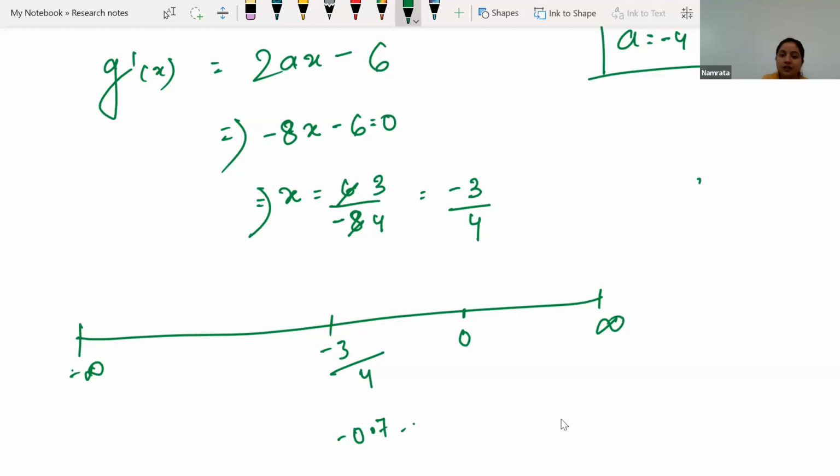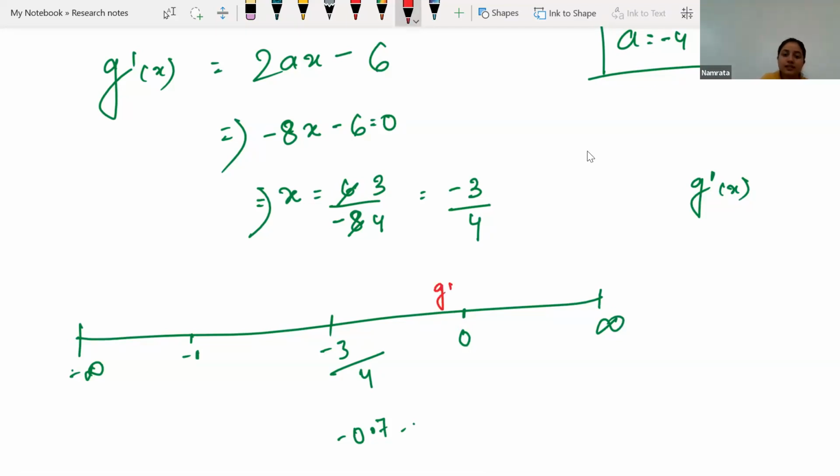Can you see? When we are taking 0, g'(x) is greater than 0 or lesser than 0? Can you tell me? Yes, it is lesser than 0.